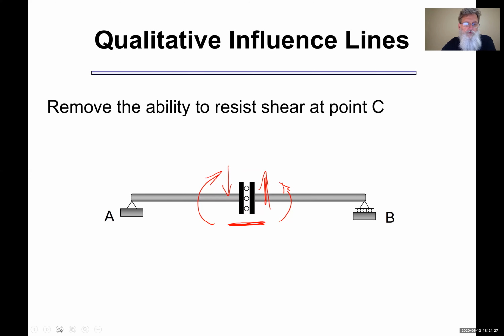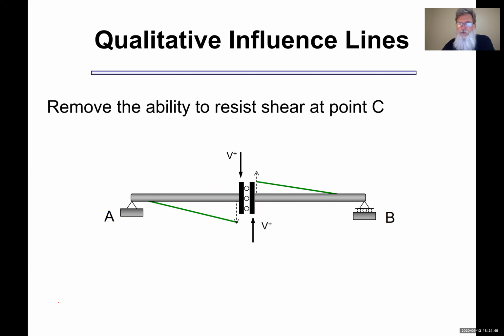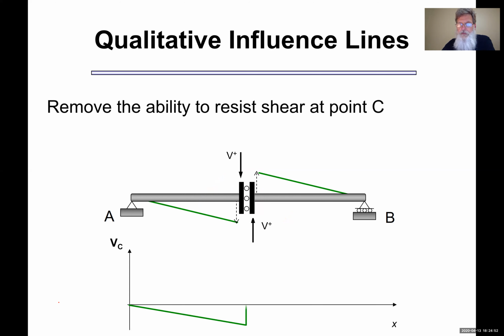So this is the so-called shearless connector. Now let's apply positive shear on the left side and positive shear on the right side. The left side would then move down, and the right side on positive shear would move up and rotate like this. If I transfer this down, that is the shape of my influence line.